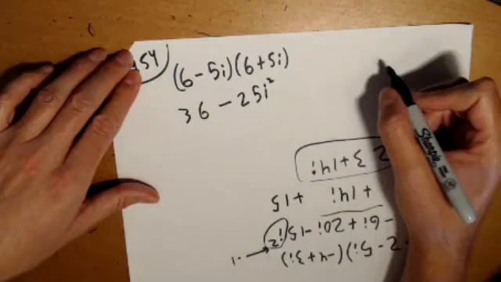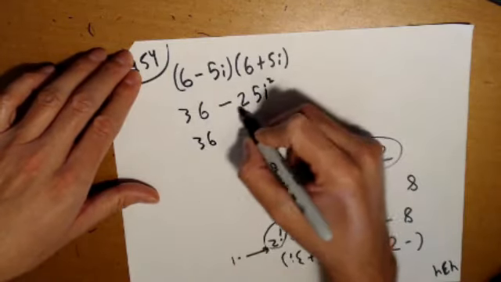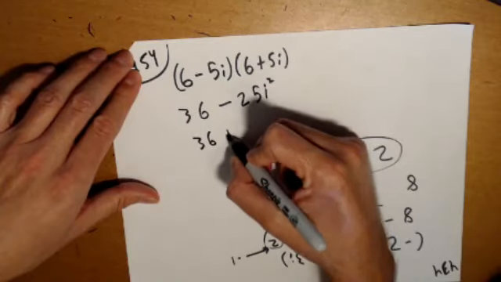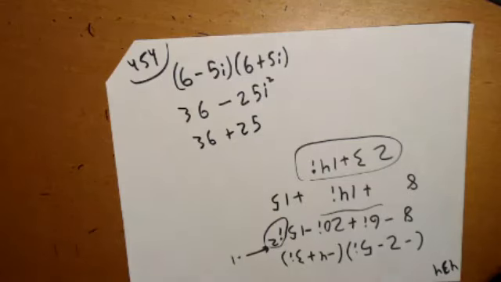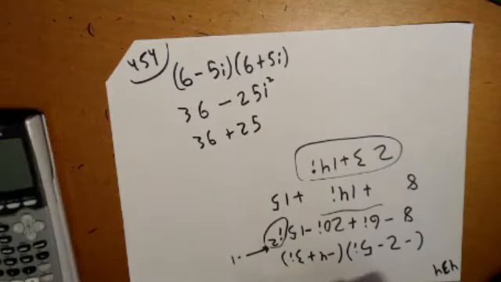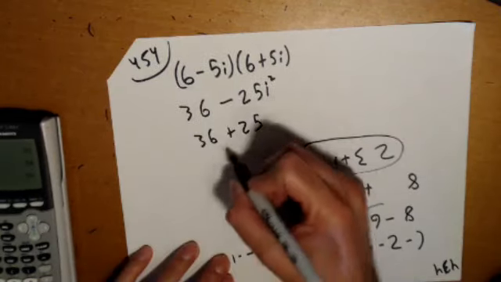So far, so good. And then i squared is really negative 1. Negative 25 times a negative 1 makes it positive. 36 plus 25. Can I do that in my head? Sad. 36 plus 25. 61.